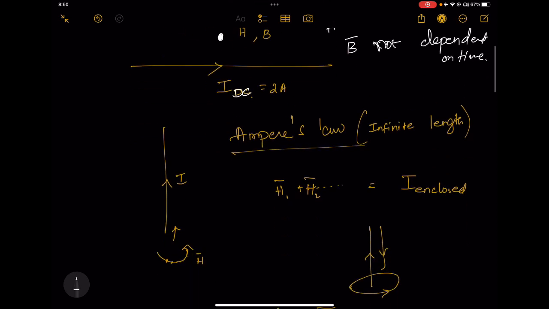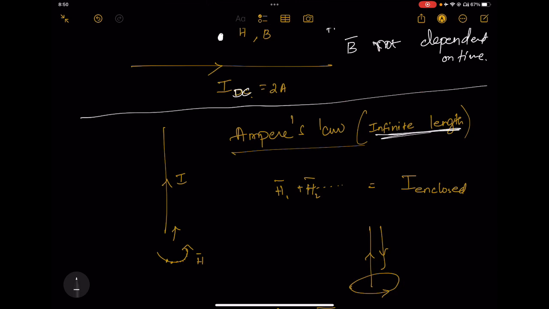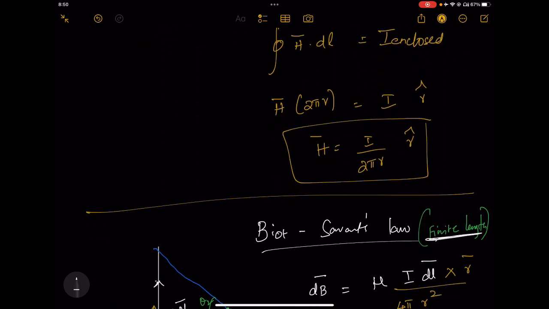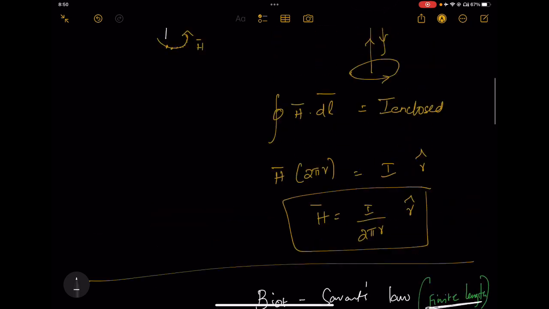There are two laws here. One is Ampere's law, which is used for an infinite length of wire. If the wire is infinite, we use Ampere's law, and if the length of the conductor is finite, we use Biot-Savart's law.